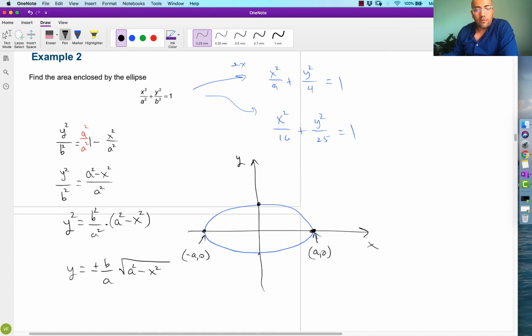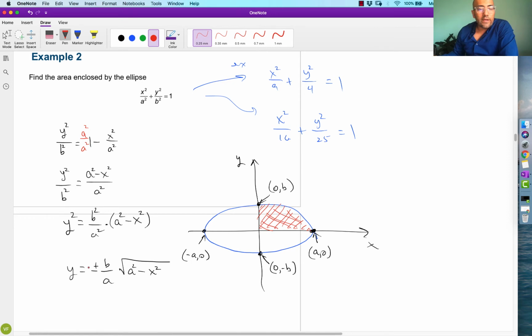And then over here, these ones are associated with the constant underneath the y variable. So this one is going to be equal to 0 comma b, whereas this one is going to be equal to 0 comma negative b. Good. So to find the area of the entire thing, we're going to focus on just finding the area of this guy and then multiplying it by 4, and that'll give us the area of the entire thing.